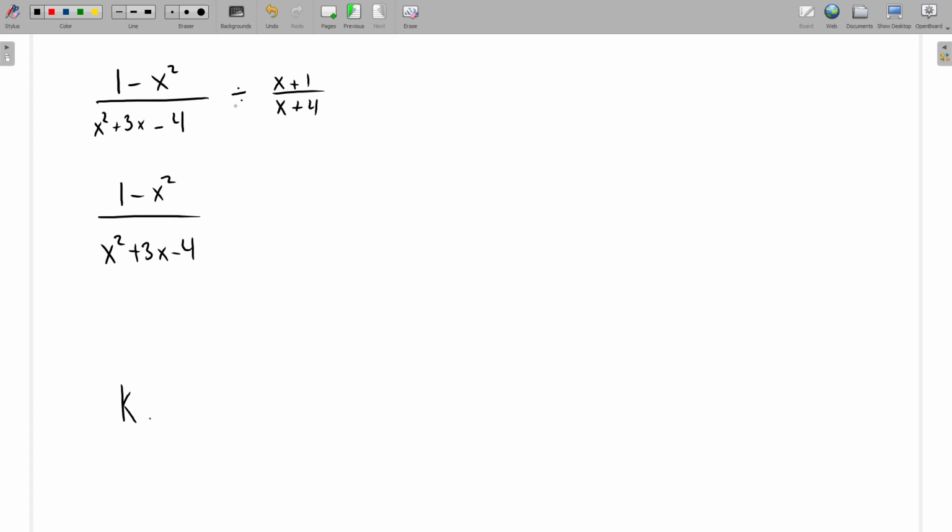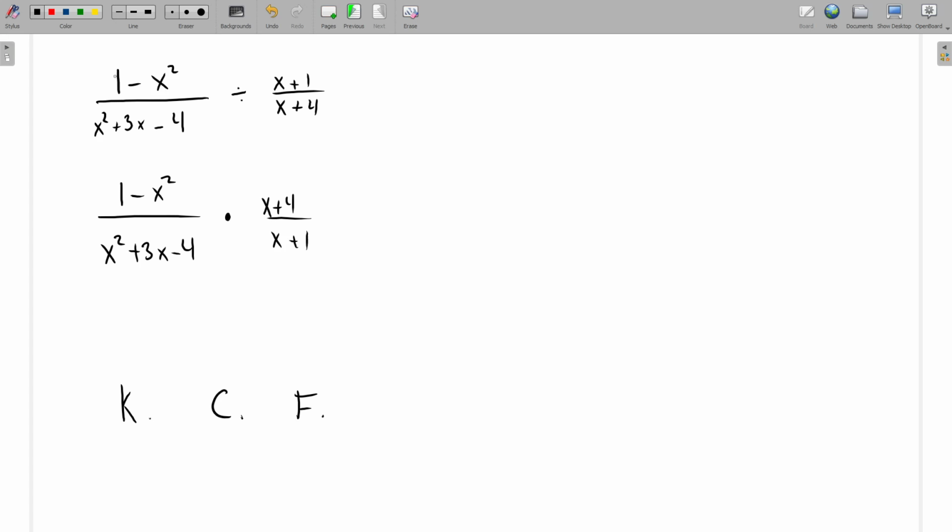We're going to change the division to multiplication, and then we're going to flip the second rational expression. So I'm going to flip it to x plus 4 over x plus 1, right? KCF. Keep, change, flip. That's how we want to think about dividing rational expressions.